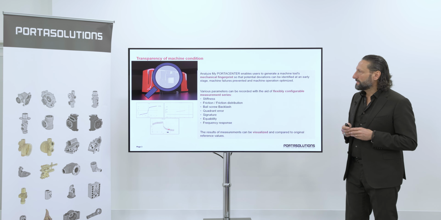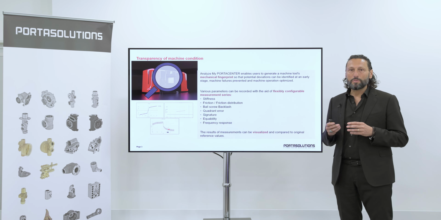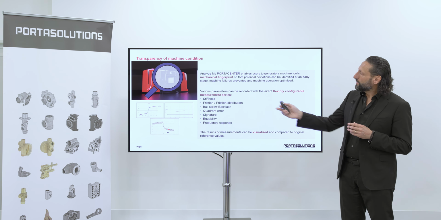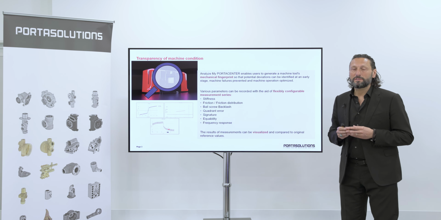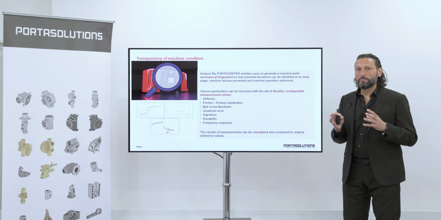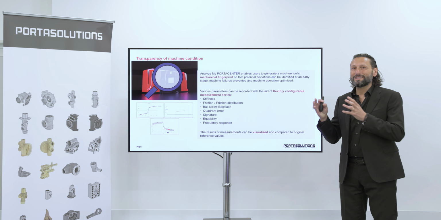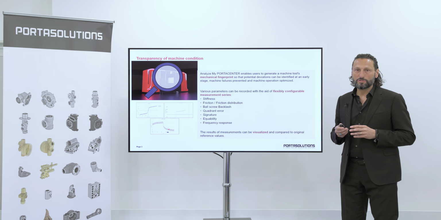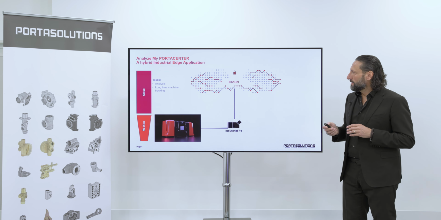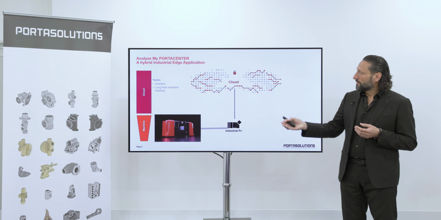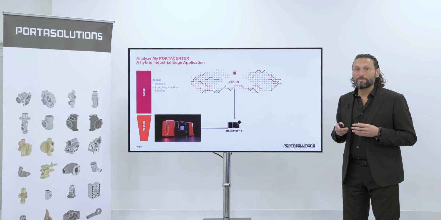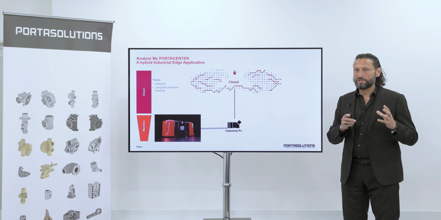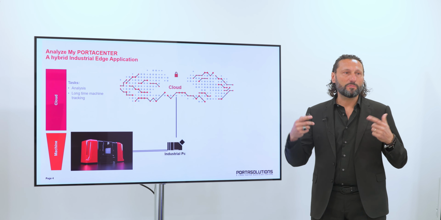Let's see in a little more detail how this app works. We determined 7 measurements, and thanks to these 7 measurements you can understand the mechanical status of your machine. How do we do this? The machine starts to run programs which are already in the machine, so it's just making different movements.